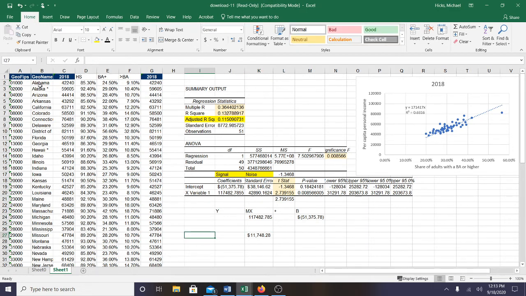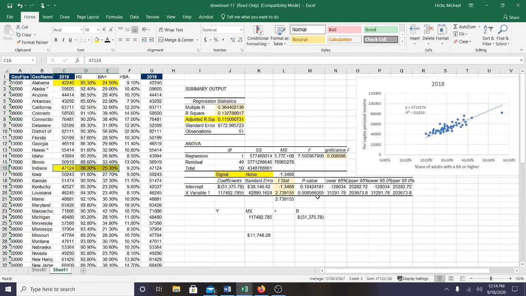So if you went from 24.5, let's just pick 24.5, and let's find one that's close to 25.5. What will be the expected change in your per capita income, right? We would expect there'd be an $11,000 change.